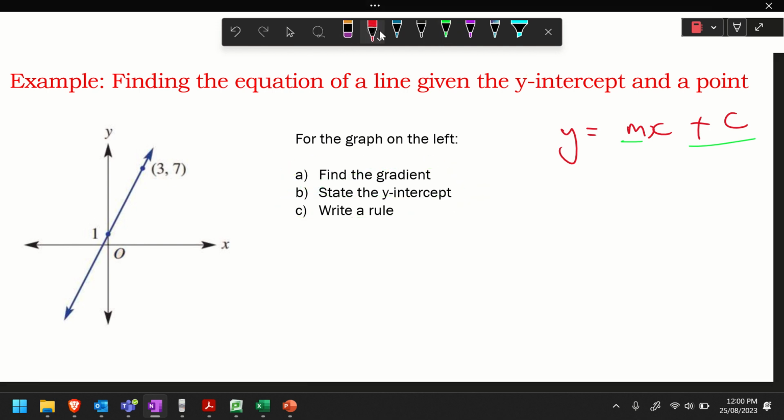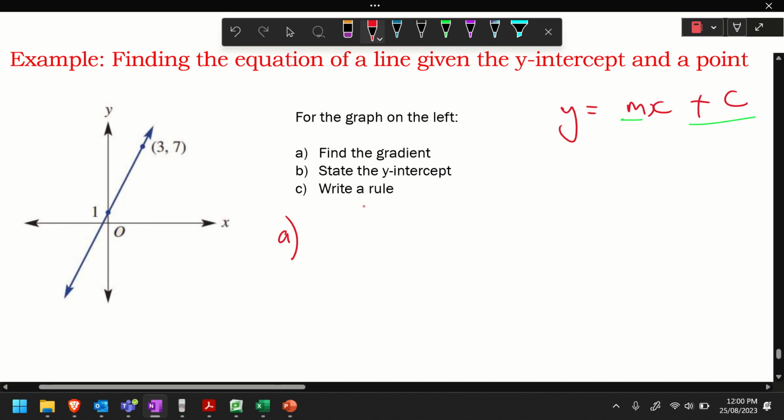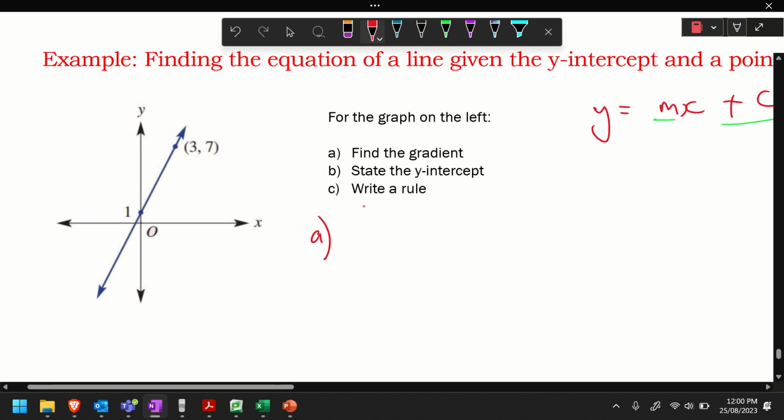So let's do that. Question A, find my gradient. All right, here's a trick question, yeah? It's a bit tricky. I need to find 2 points. What 2 points can I use here? I've seen one already. Yes, Donnie. 1. What do you mean 1? 1 and 0. What coordinate is that, though? Give me the coordinate. 0, 1.